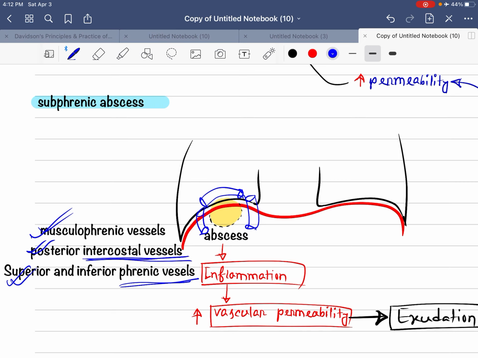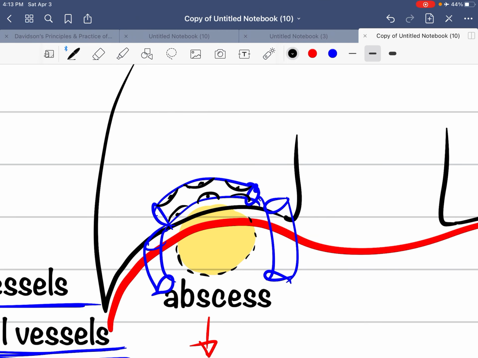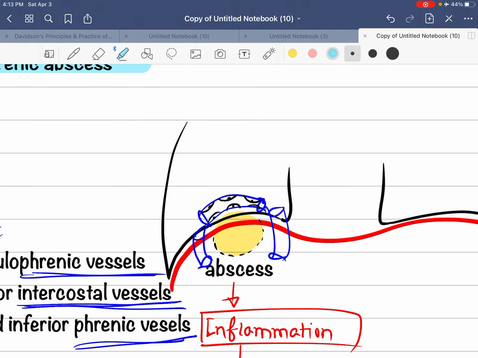So these blood vessels will be hyperpermeable. That means their vascular permeability will rise due to the inflammatory change caused by the abscess. Look at the figure, whenever the endothelial space increases due to endothelial cell contraction, that means vascular permeability will rise.